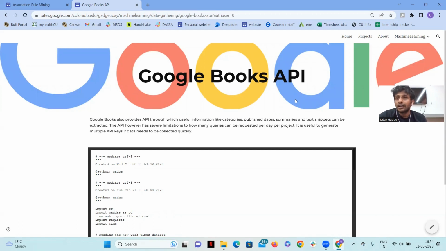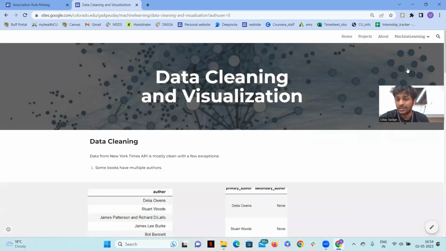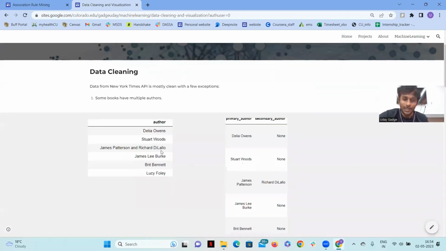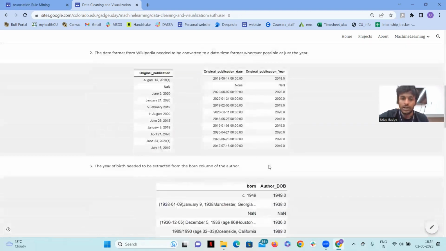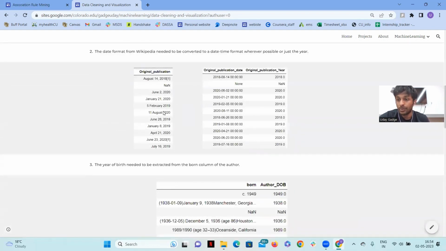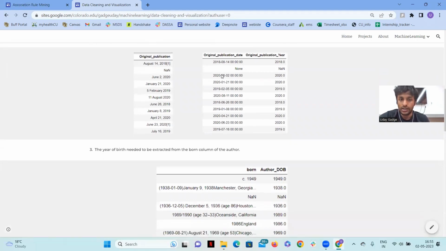And I got some additional information from Wikipedia as well, cleaning the data in a way that we can interpret it and visualize the data. There can be things like, what if a book is written by two people? I had to split it into primary author and secondary author, and sometimes the dates are not formatted correctly. They needed to be redone in a way like this.